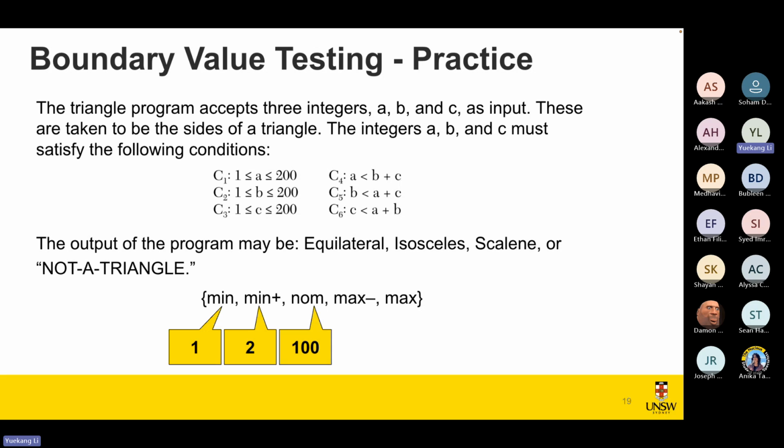What about max minus? 199, yes. And max is 200, yes. And we are lucky that all of them share the same value range, so we don't need to have 3 different sets of values. If each of the parameters takes a different range, we need 3 different sets for these boundary values.